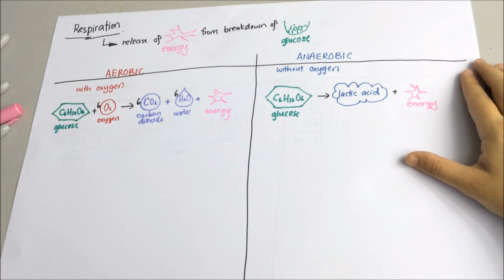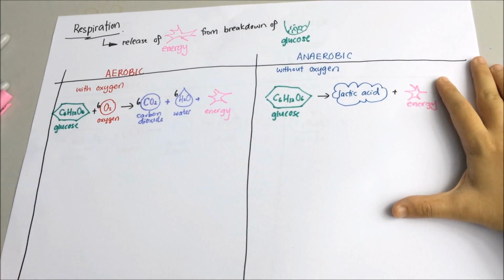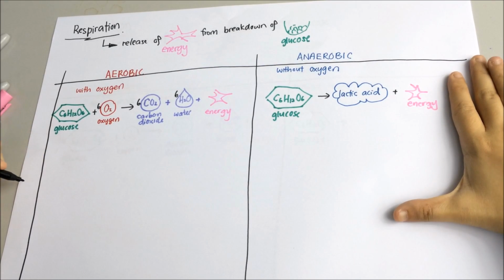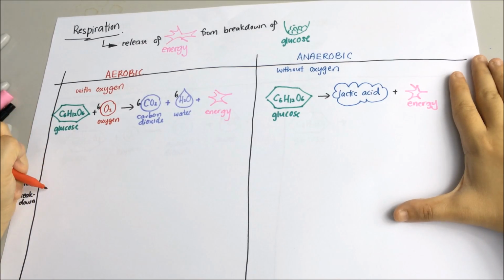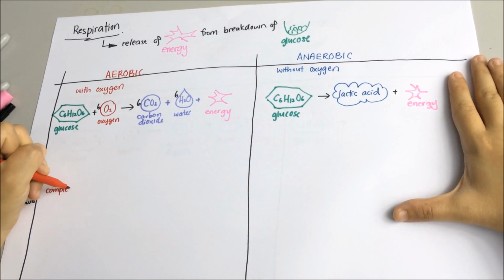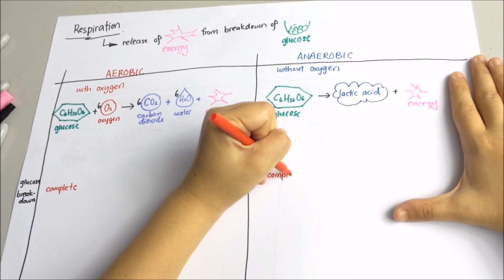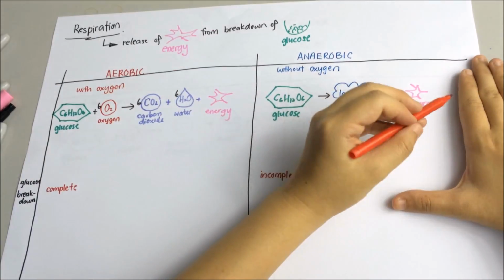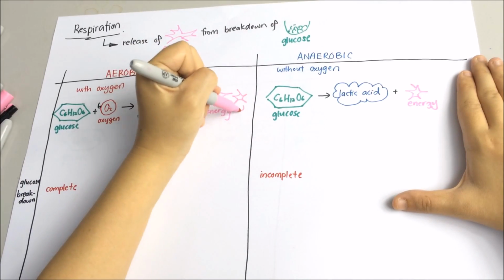It is important for you all to know that in aerobic respiration, there is a complete breakdown of glucose molecule, while anaerobic respiration involves incomplete breakdown of glucose to produce lactic acid, and this lactic acid will need to be further broken down into carbon dioxide and water.